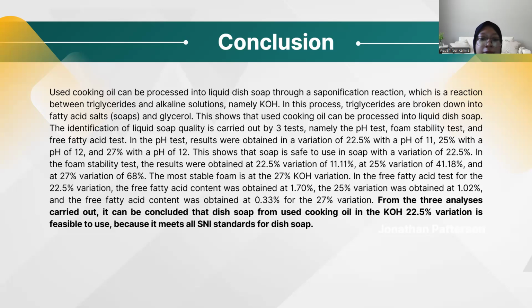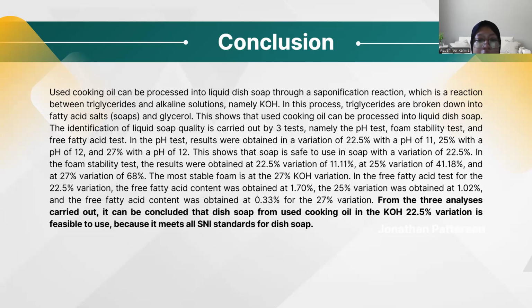22.5%. In the foam stability test, the results were obtained at 22.5% variation of 11.11% and 25% variation of 41.80% and at 27% variation of 68%. The most stable foam is at the 27% potassium hydroxide variation.